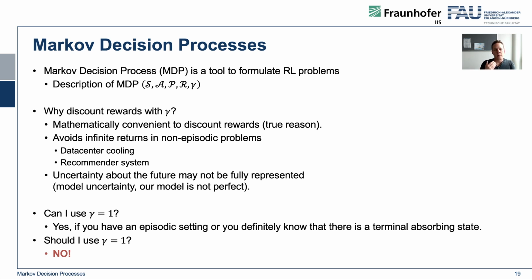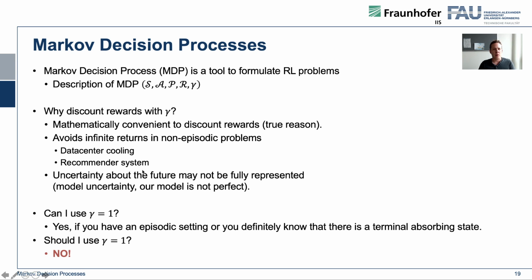And if we use a gamma factor that is lower than 1, it helps us to alleviate a little bit the uncertainty that our model is prone to. So as our model is not perfect, it is good to decay future rewards, because with future time steps our model is more inaccurate.